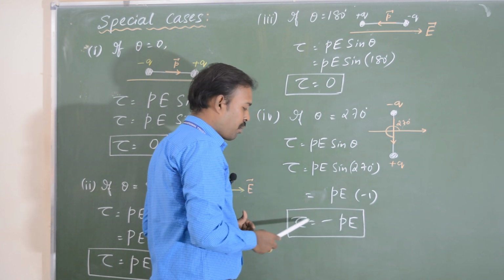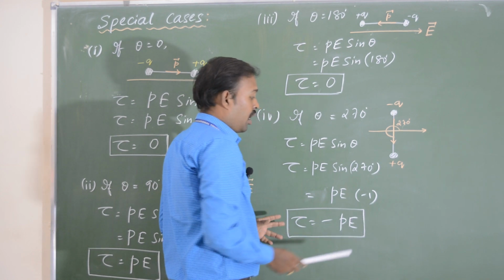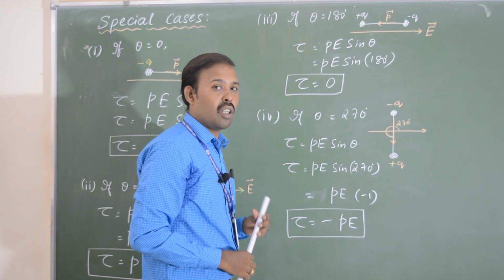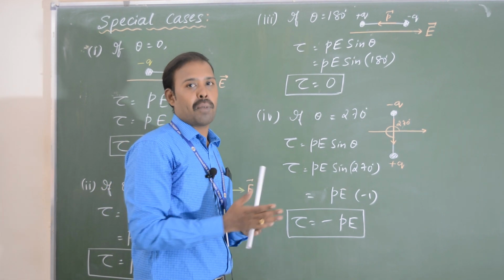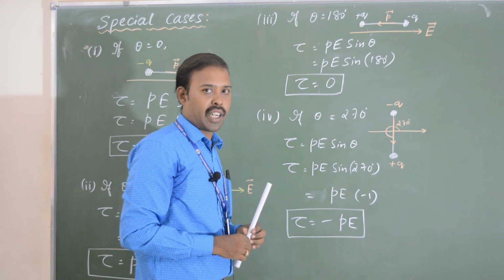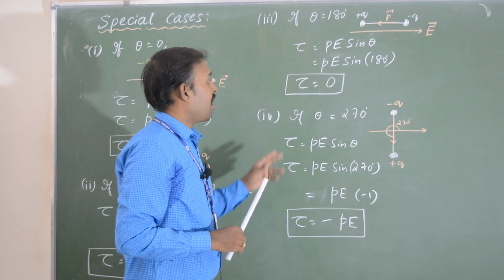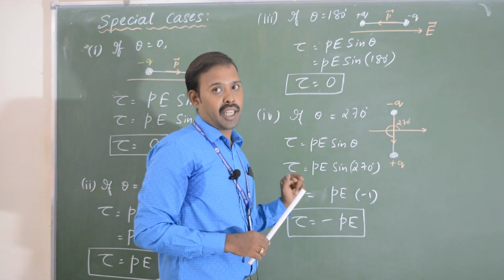So the expression becomes tau is equal to minus PE. Now in two cases it is experiencing a torque. Which are the two cases? One is when the dipole is normal or perpendicular to the direction of electric field, that is when theta is equal to 90 degree, and the other is when theta is equal to 270 degree.